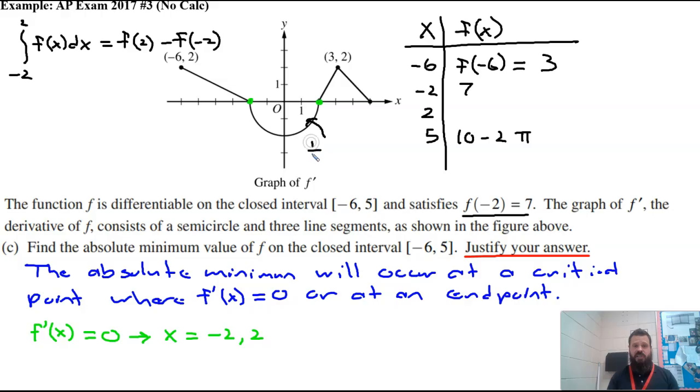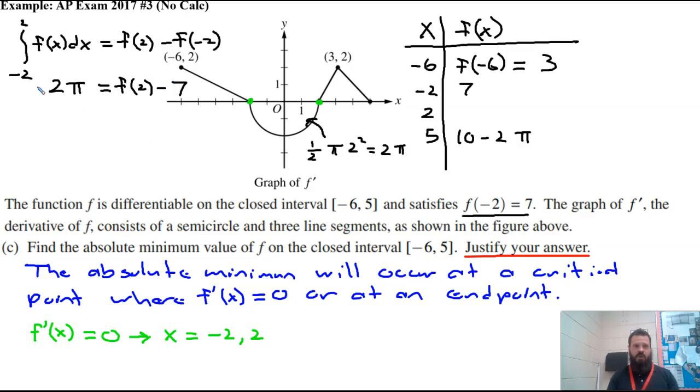This is just half pi r squared, so 2 pi. So I could say that 2 pi is equal to f of 2, which is what we're looking for, minus f of negative 2, which is the 7.